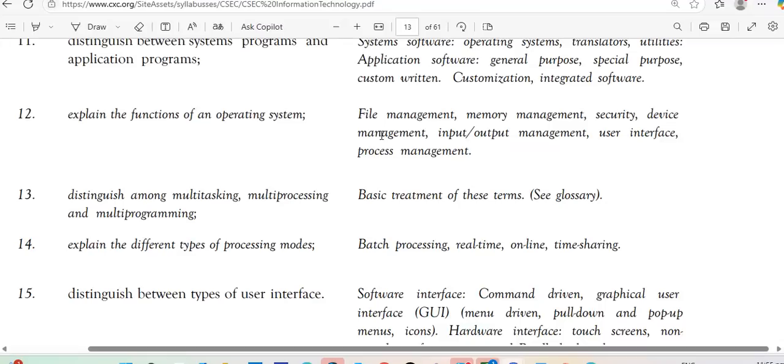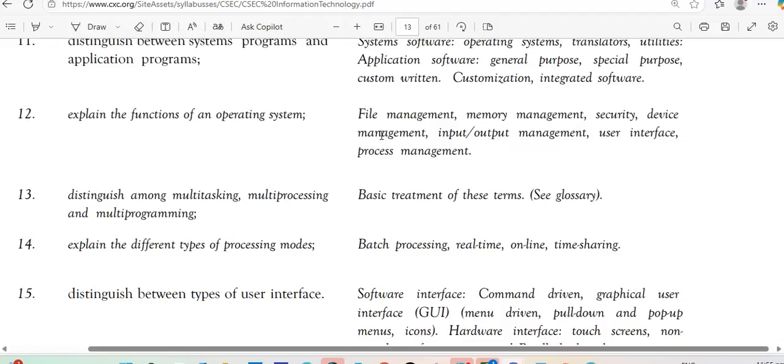So another function of the operating system is security. Security refers to the measures taken by an operating system to protect computer resources from unauthorized access. This includes tasks such as authenticating users and granting access to resources, encrypting data to prevent unauthorized access, and managing user permissions and access control.